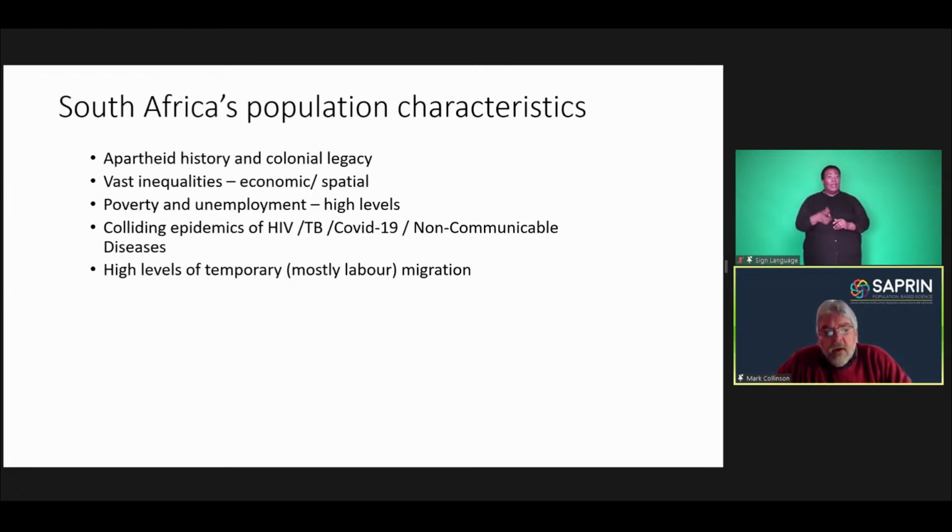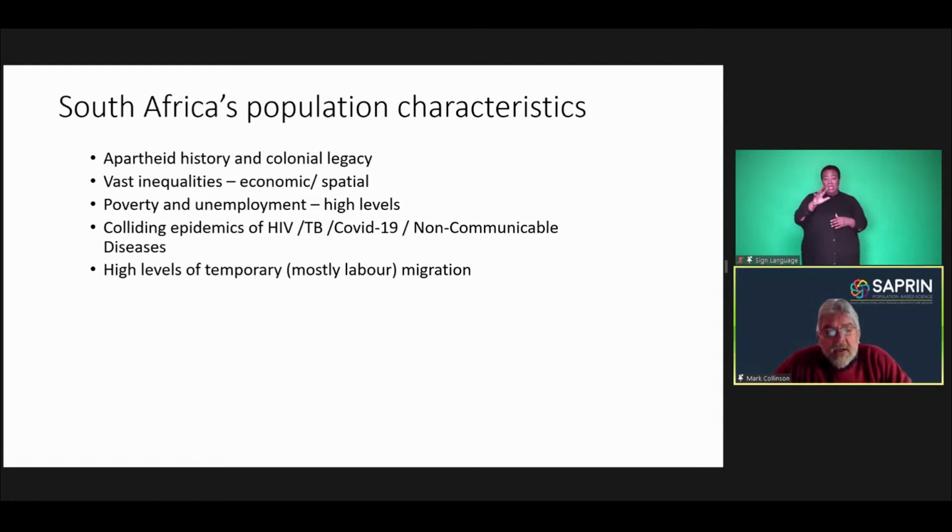And if we look today, where we're sitting right now, we have the apartheid history and colonial legacy still with us, especially in the forms of its inequalities. The economic inequalities are well known, the Gini coefficient, how people's income is so diversified in South Africa.